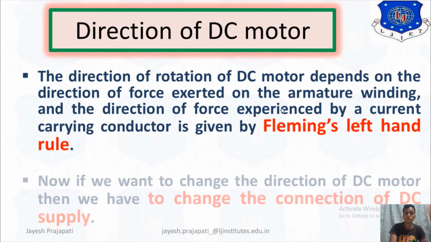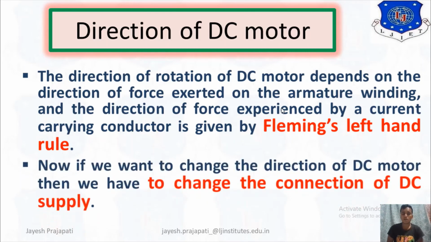Now if we want to change the direction of the DC motor, then we have to change the connection of the DC supply. We already know that in an AC motor, if we use a three-phase induction motor having three phases, R phase, Y phase and B phase, then to change the direction of the induction motor we have to change the phase sequence. So the direction of the motor will be changed from clockwise to anti-clockwise and anti-clockwise to clockwise.